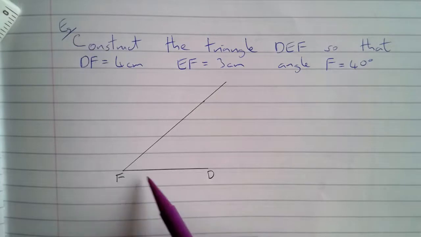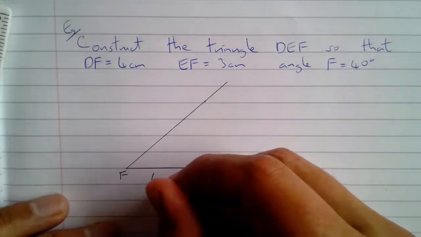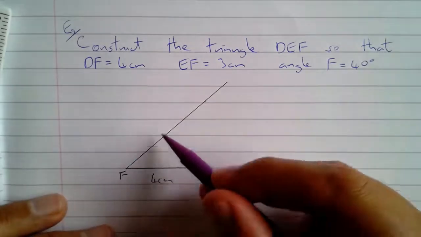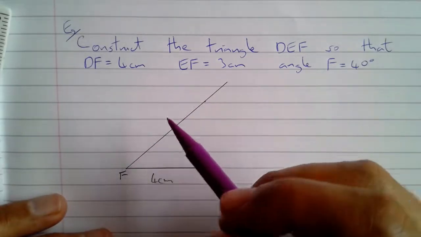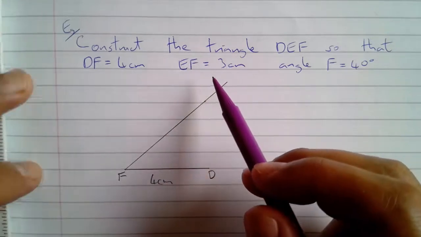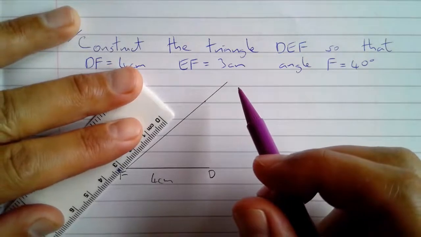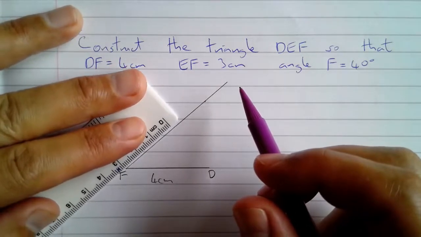Now, I've drawn the line from F. I know what F to D is. F to D, oopsie daisy, I didn't do that one, is 4 centimeters. So point E must be along this line somewhere, and I know that F to E is 3 centimeters. So I'm now going to get my ruler and just mark on the line where E is.